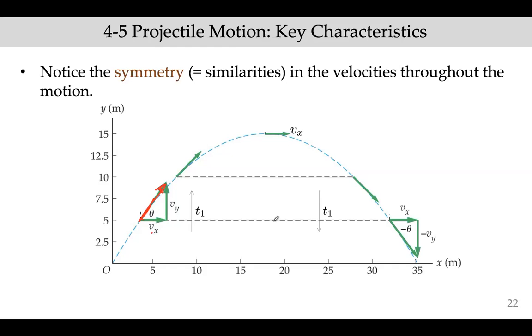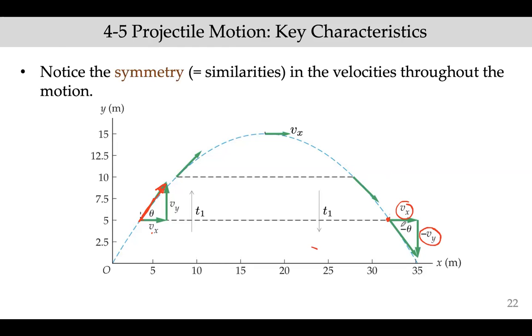If you go to the parallel point here, this is the trajectory that it will follow. At this point, the x component will be the same, in the same direction. Now, the y component of the velocity, the magnitude will be the same, but it will take a negative sign because now it's going down.